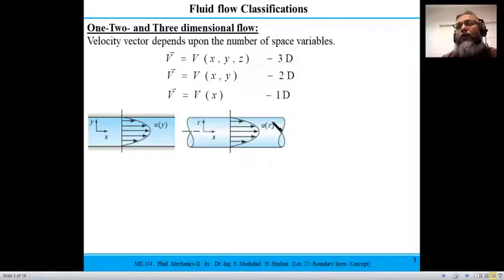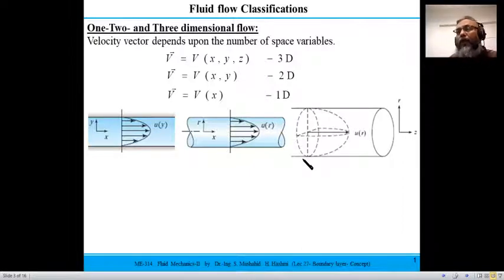We know the velocity profile in such cases: if laminar flow is taking place, then it is only a function of r. So that would be called a one-dimensional problem. Similarly, if you look at the same thing in a three-dimensional picture, but your velocity profile only changes with r, then this problem would also be called a 1D problem.